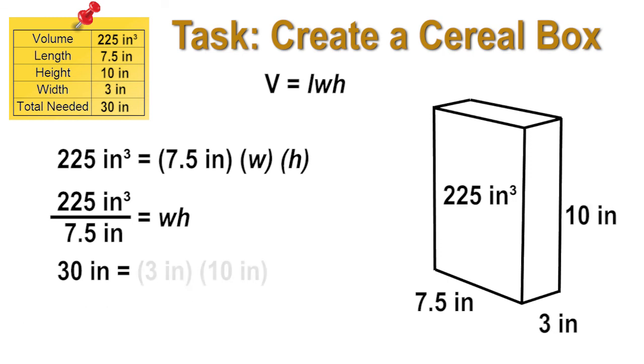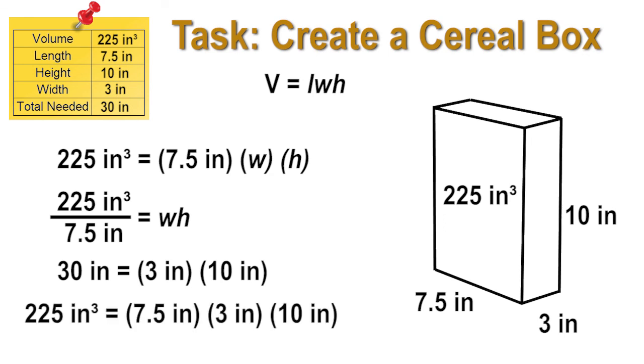Let's try the width as 3 inches and the height as 10 inches. 7 1/2 times 3 times 10 equals 225 cubic inches. These dimensions also work. Students will have a variety of answers. Just make sure that the volume is 225 cubic inches and the length is 7 1/2 inches.